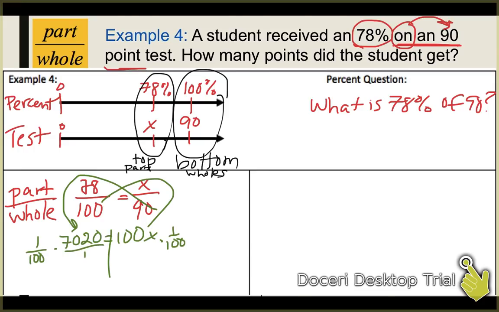And now I have 7,020 divided by 100 is equal to x. If I were to divide that, I get, and I'm going to write it off to the side because I kind of ran out of room, 70.2. Okay, so this person got 70.2 questions correct.